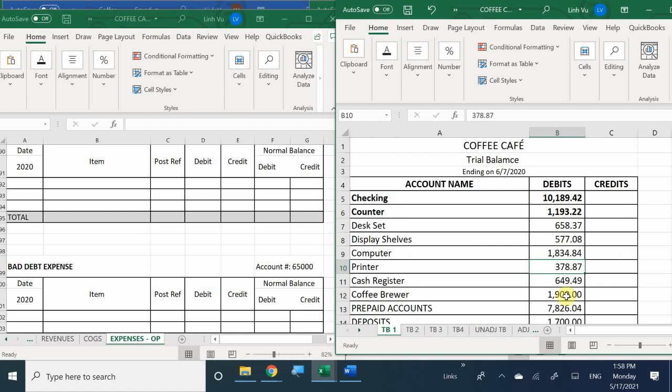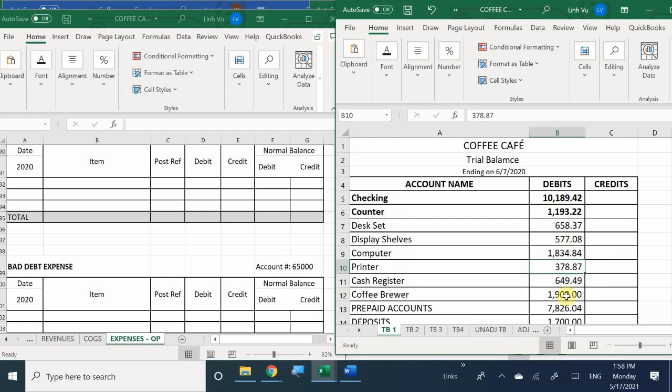So you have to go forth and double check your work once again, going through the whole scenario to find that one discrepancy. But in most cases, if you fat finger one account, you'll be able to find it by running your trial balance. It'll be a lot easier to locate.